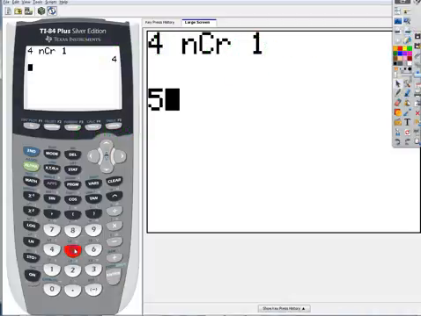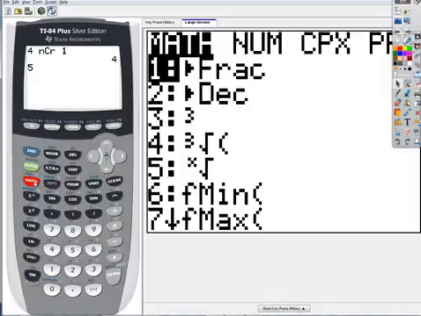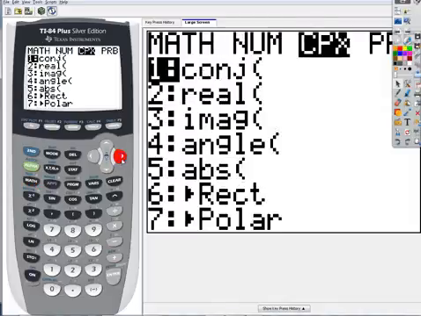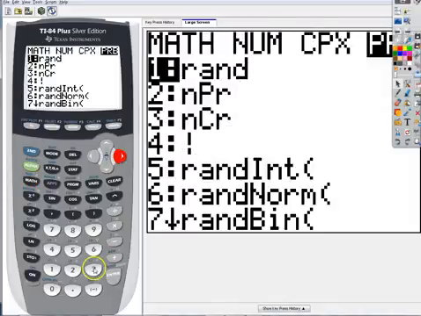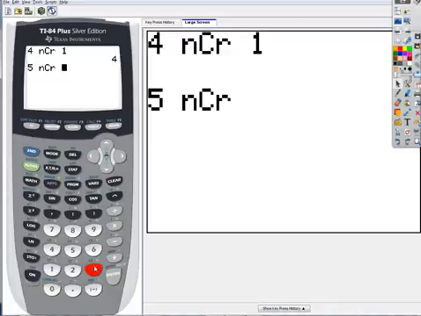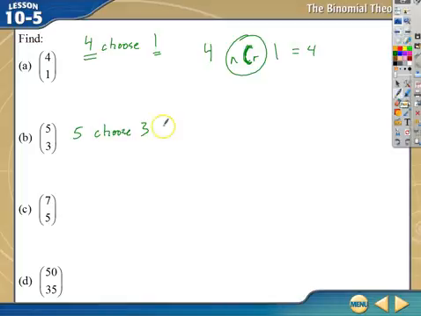I do 5, math, tab over to probability, hit the number 3, choose 3. So 5 choose 3, enter, 10. The calculator tells me there are 10 different ways that can happen.